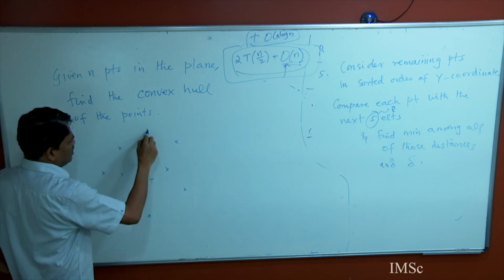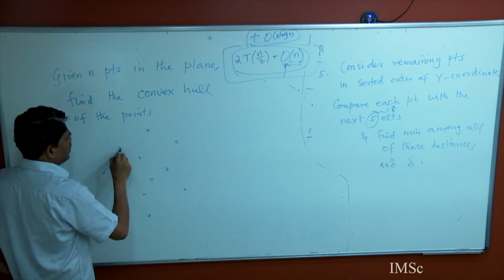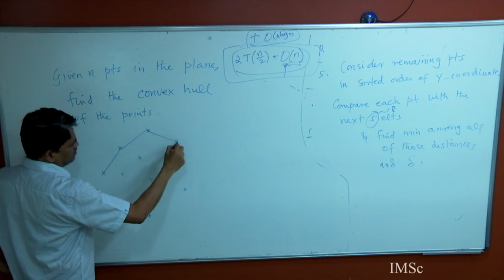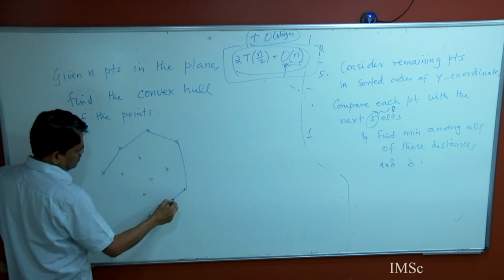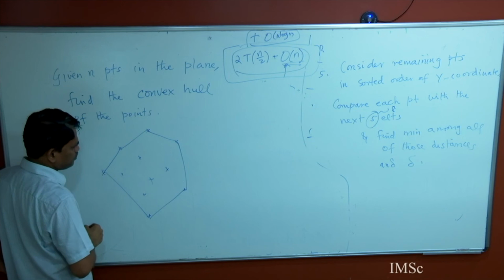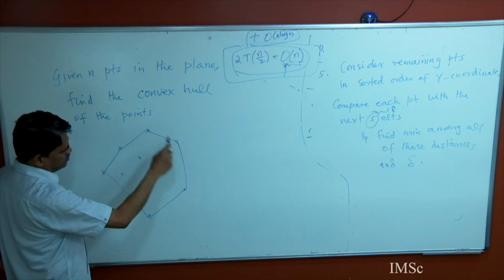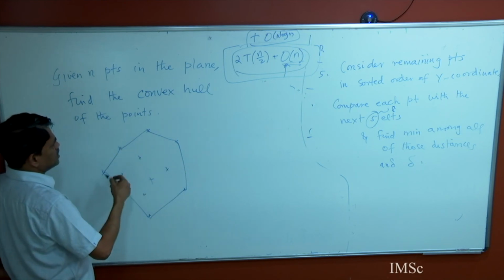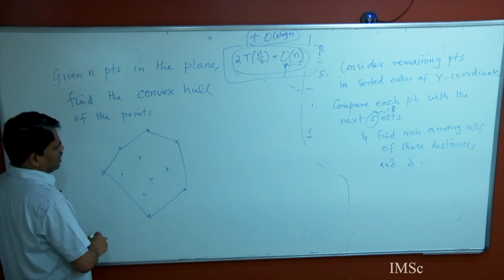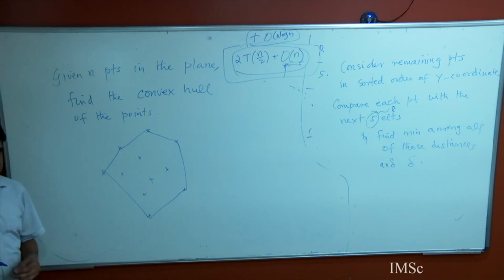So if this is my set of points, my convex hull will look like this. This is the smallest convex set that encloses all the points. So there are a number of algorithms for this problem.